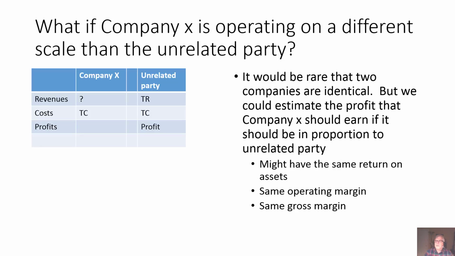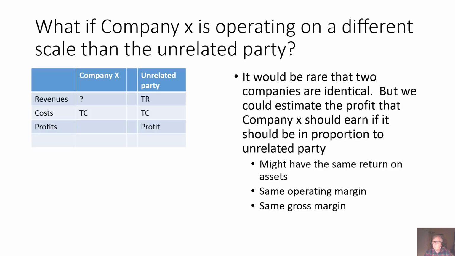Now, what's important is that it's going to be almost impossible to find two companies that are absolutely identical, that would have the exact same amount of costs. So we're going to have to think of this much more as a proportionate thing. That would mean asking how much profit company X should earn in proportion to its size. And we might use something like, these two companies at the end of the day should have the same return on assets.